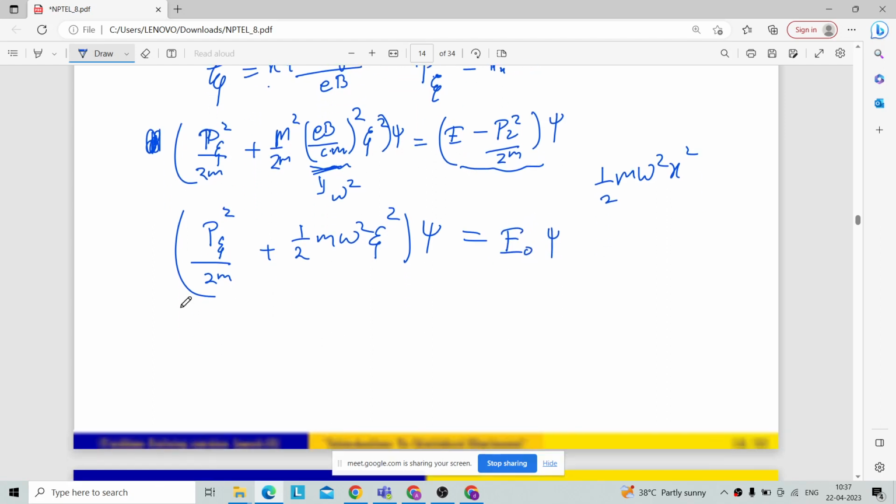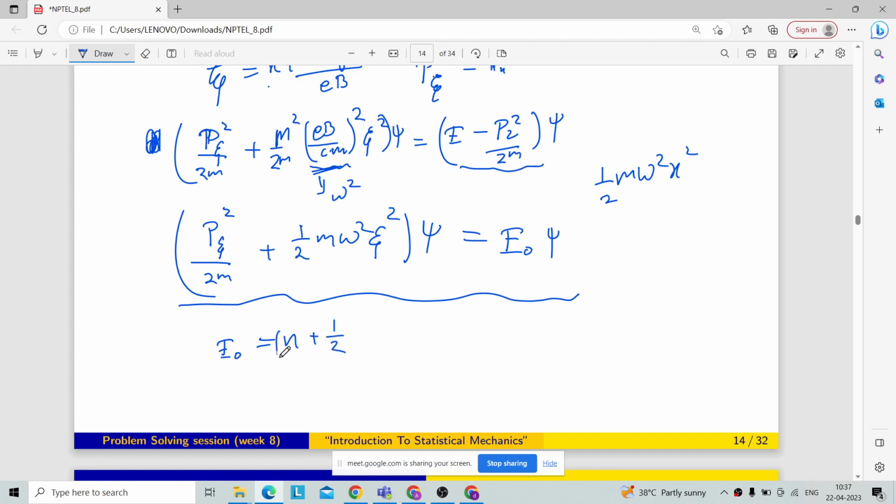So you see, my system is now effectively a harmonic oscillator system, right? For this system I know the energy, so E0 will be n plus half h cross omega. This is the energy we know for a harmonic system. So omega we have in this form, and E minus pz square over 2m I have rewritten as E0.